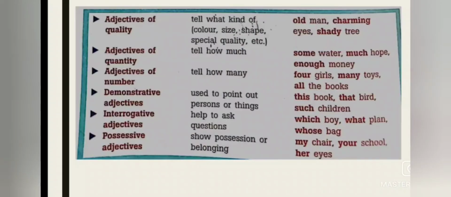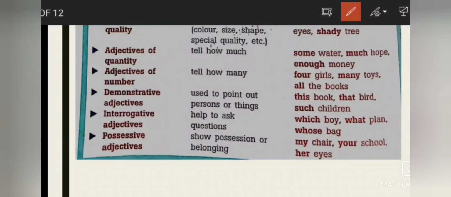We go to number 1. Adjective of quality tells what kind: color, size, shape, special quality, etc. Examples are old man, charming eyes, shady tree. In these, old, charming, shady are adjectives of quality. Number 2. Adjective of quantity tells how much.